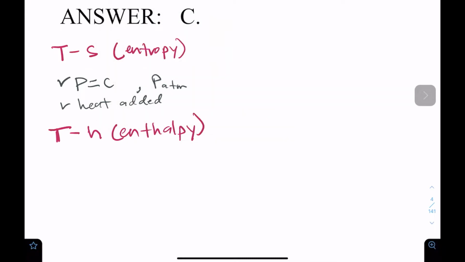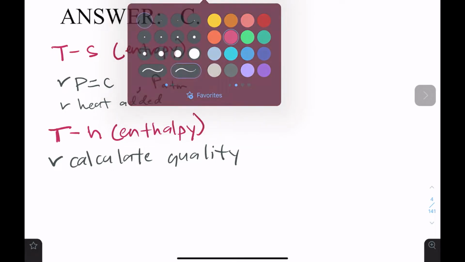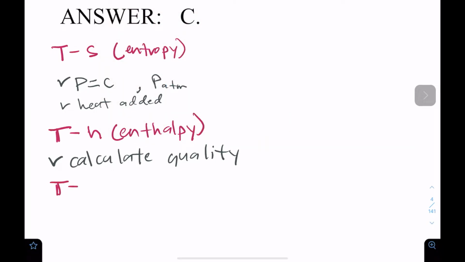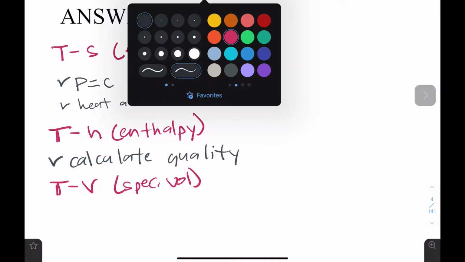And when do I use that? I use these basically to calculate quality. And then I'm going to have another one, a TV diagram, and that is for specific volume. When do I use this one?